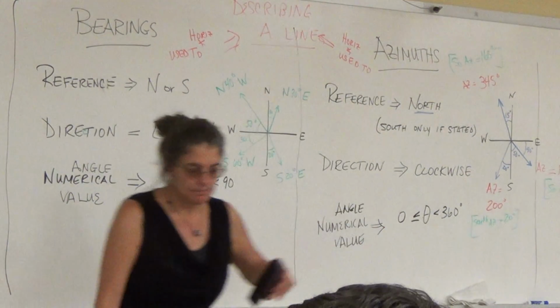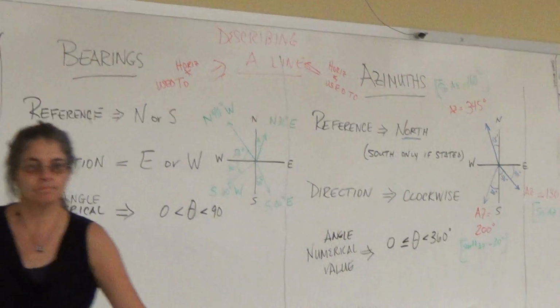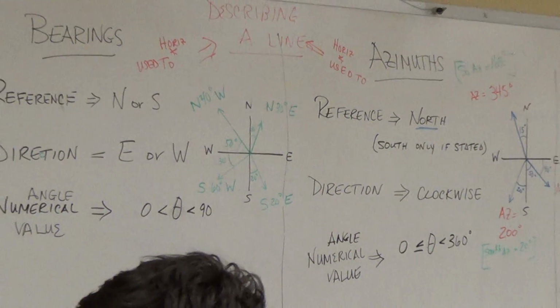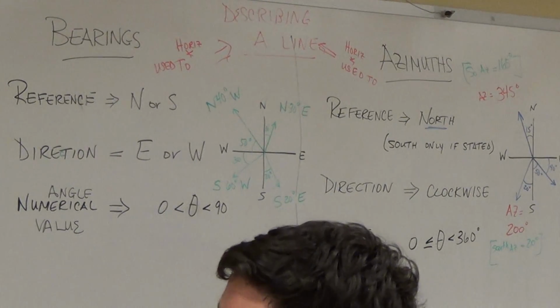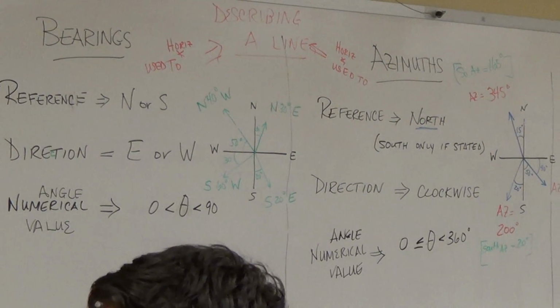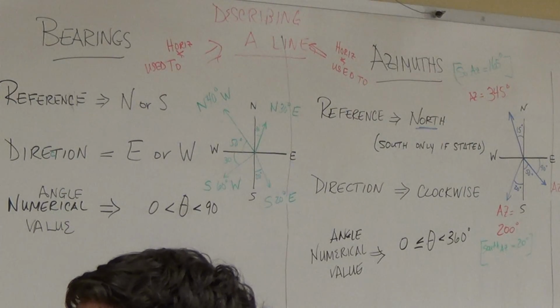I'm mostly curious why you would use one over the other. I guess with bearings you can be a little bit more specific, whereas with azimuth you have to go all the way around, so maybe it's speed related? I don't think it's speed related. No? I think it's just by convention. Really?